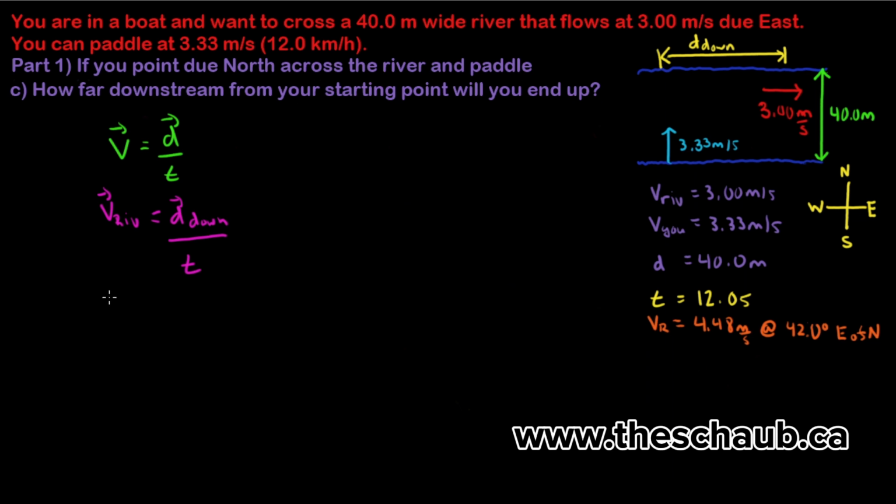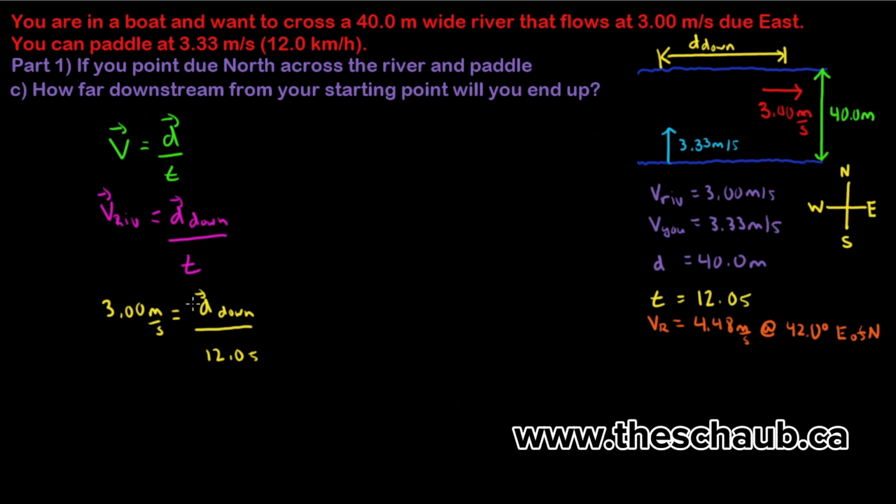The velocity of the river is 3.00 meters per second, and this is equal to our displacement downriver, what we're looking for, and the amount of time we flow downriver, our 12.0 seconds. Our displacement down the river is being divided by 12 seconds, and the opposite of dividing is multiplying.